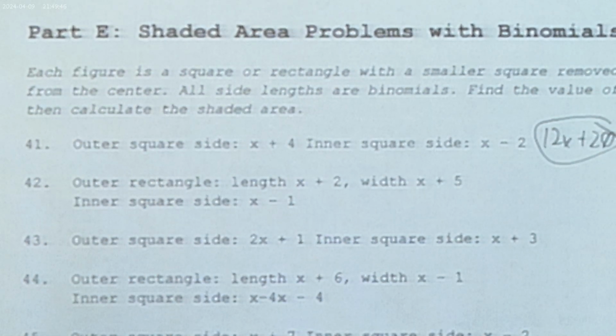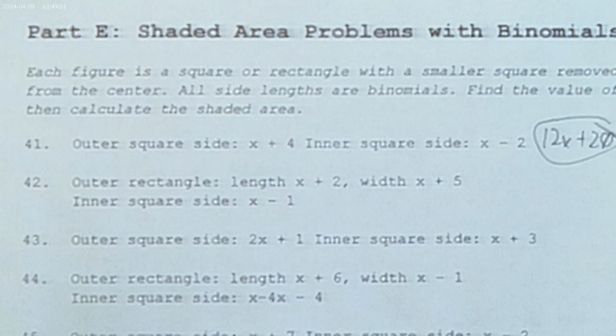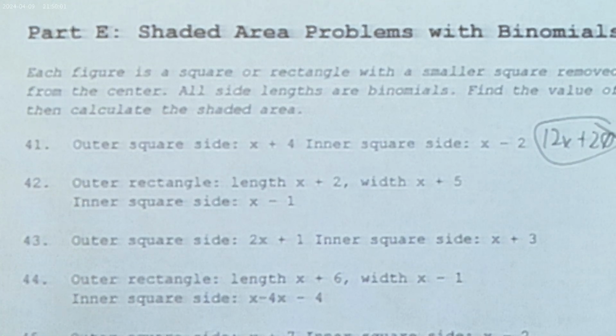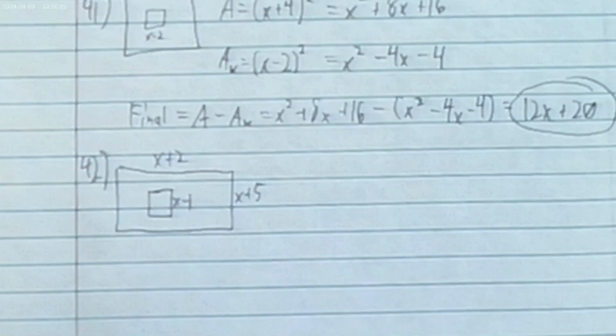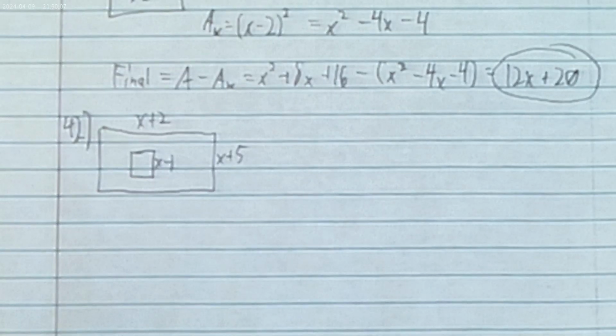The outer rectangle has length x plus 2, and the width is x plus 5. I am not drawing this to scale, by the way. And then the inner width of the square is going to be x minus 1. All right.